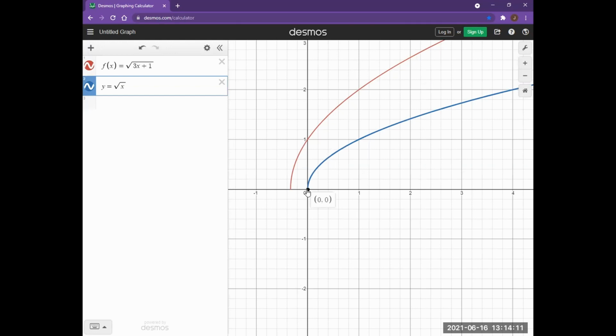If we were doing the transformation we just described, we said shifted to the left 1, which would be here, and then compressed horizontally by a factor of 1/3. And so a third of -1 would be -1/3, which is where we land here. So that's one way we could look at it.